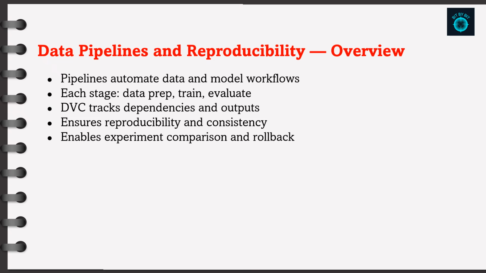This not only saves time, but also guarantees reproducibility. Anyone can run dvc repro and reproduce the same experiment results, because all dependencies and outputs are versioned and tracked together. In short, data pipelines turn machine learning workflows into reliable, automated systems that can be rerun and audited anytime.